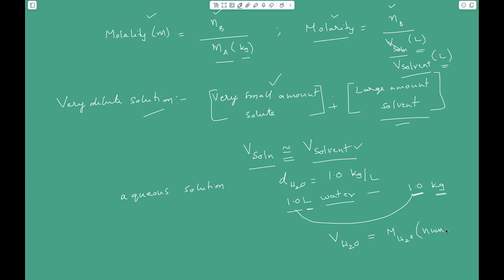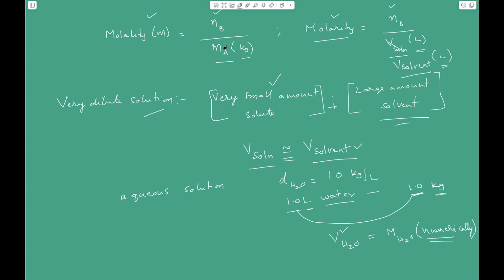I know they are two different physical quantities, but I am saying that they are numerically equal. I am not saying that they are the same physical quantity. So, because the density of water under normal conditions is 1 kilogram per liter, the volume of water expressed in liters is numerically equal to the mass of water expressed in kilograms.